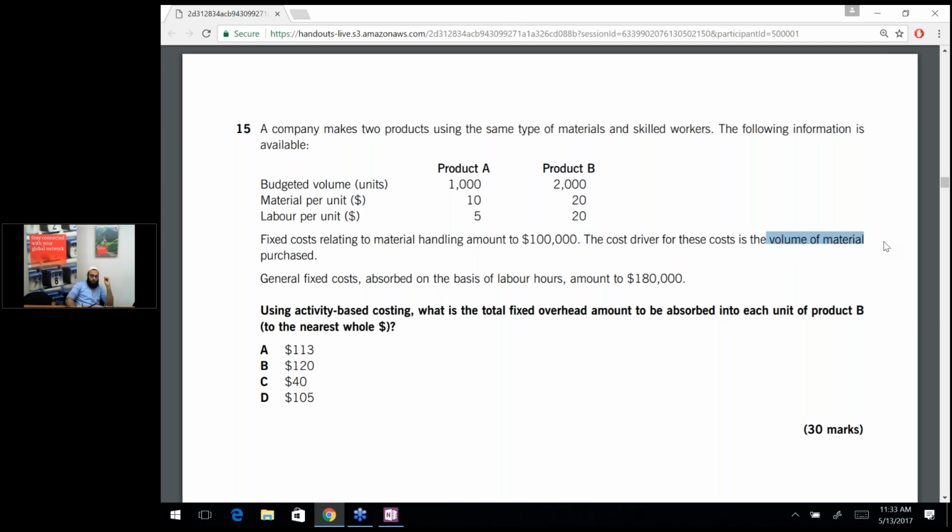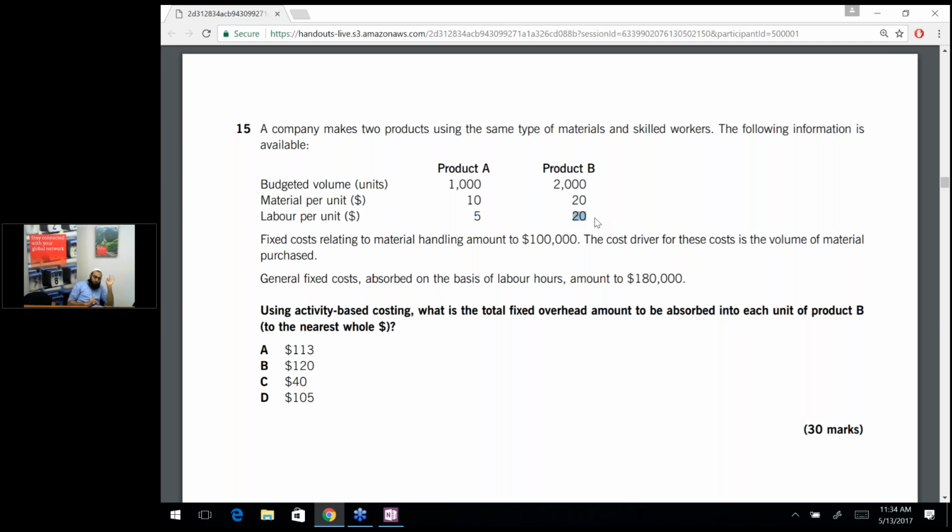And fixed cost on the basis of labor will be worked out on the basis of labor hours. As we are not provided with labor hours, we can work using labor cost per unit as well. It's the same thing, we'll get the same answer, because in this cost per unit, hours impact is already included.